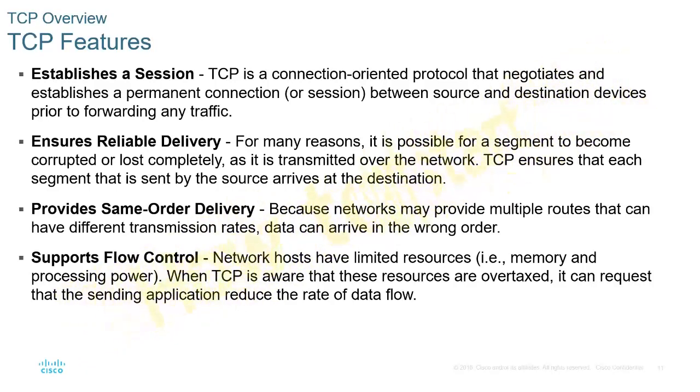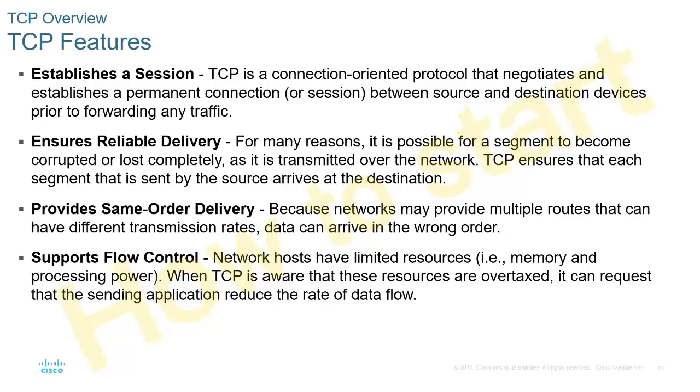TCP will ensure reliable delivery of data. If it doesn't get delivered, it will retransmit. It also provides same order delivery. Essentially, the sequence numbers allow for the data to be reorganized by the receiver. It also supports flow control.